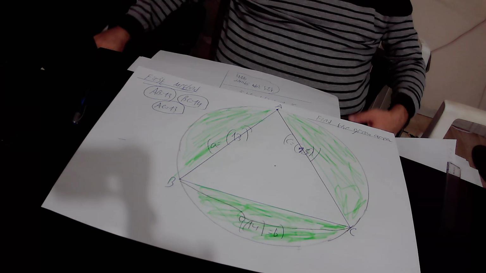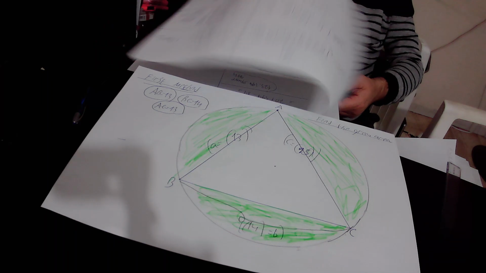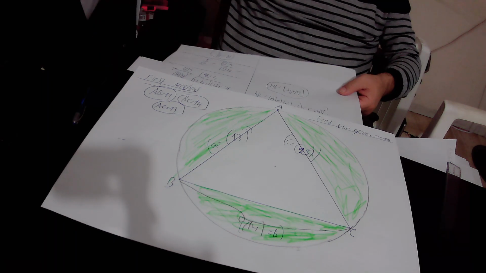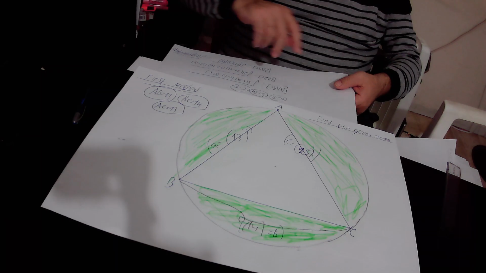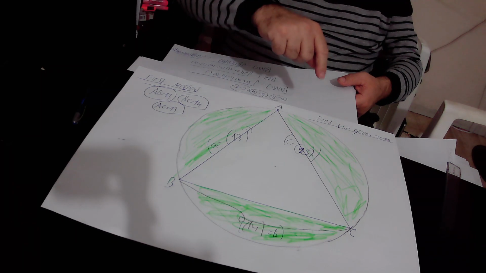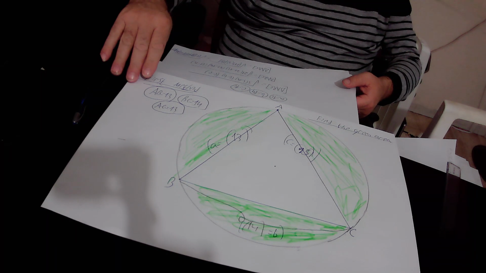So we have finished the first method. In the next step, I will present to you how to find the area of this green shape according to the second method.